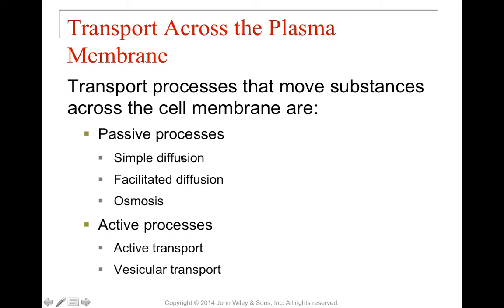So a passive process would be something like simple diffusion. Things are going to go from high concentration to low concentration on their own. If they're able to go across that barrier, no problem. If they need to be assisted across that barrier, but they are still going from high concentration to low concentration, and they go through something like a carrier protein or a channel protein, that's facilitated diffusion.